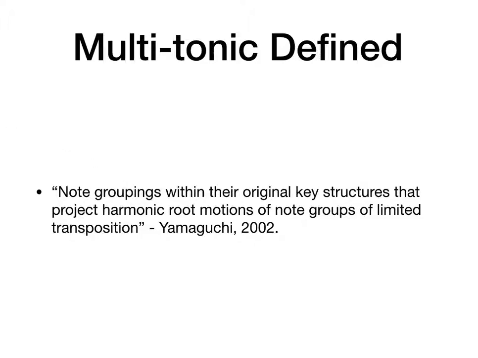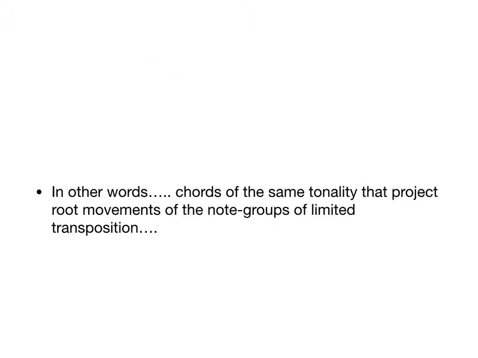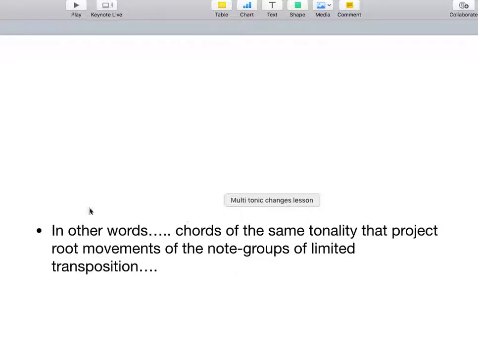So what does that really mean? In other words, it's basically the same chord of the same tonality, that projects root movement of note groups of limited transposition. Okay, so what? What's this note group of limited transposition got to do with it?